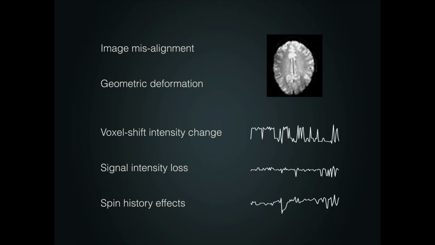And it's seen in the time series as a spike and drift back to baseline. So here I show you the 3 types of artifacts in the time series: the voxel shift intensity change, which causes stepwise changes in the signal, the signal intensity change, which causes negative spikes, and the spin history effect, which causes a spike and a slow drift back to baseline.